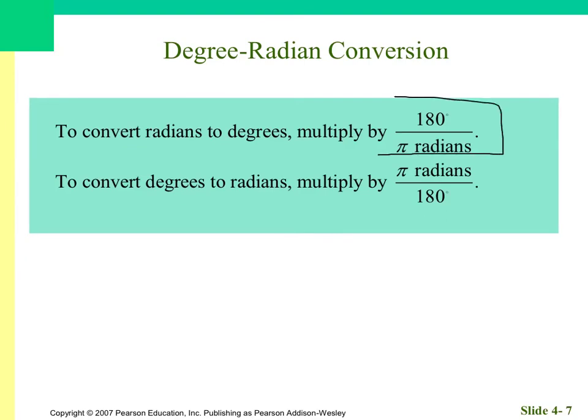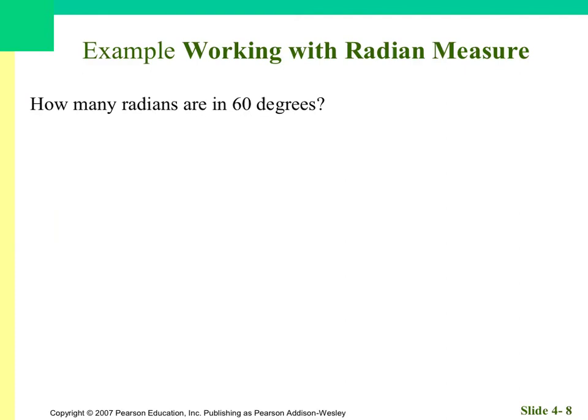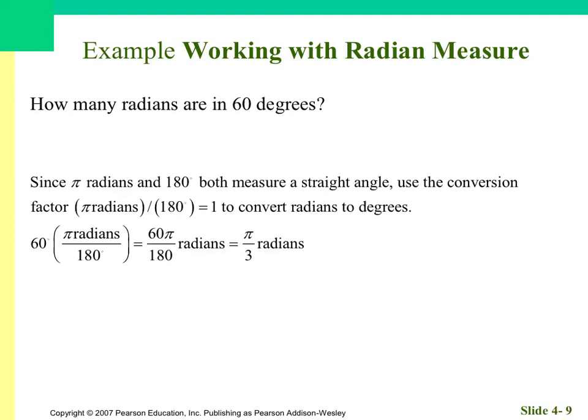This is to convert from radians to degrees, from degrees to radians, okay? So how many radians are in 60 degrees? You do 60 times pi divided by 180. So it's pi over 3.